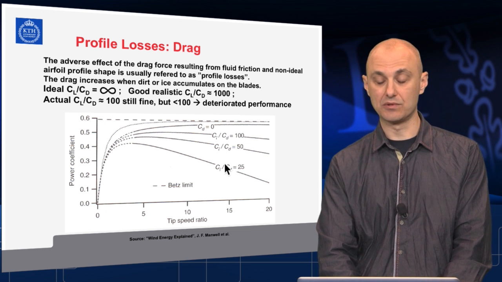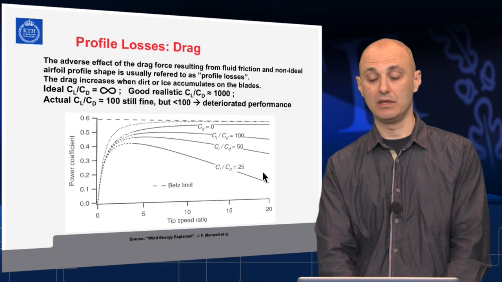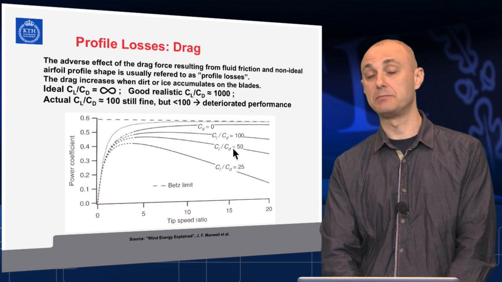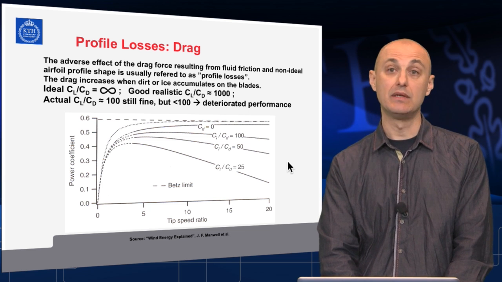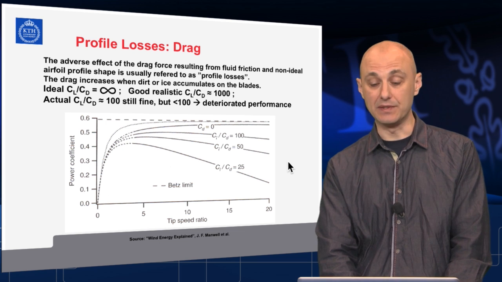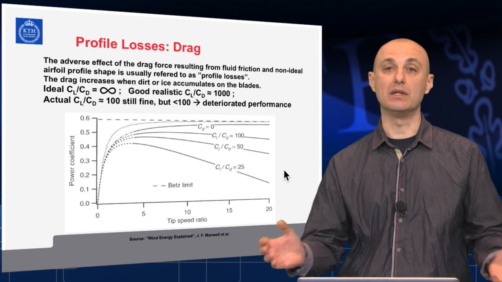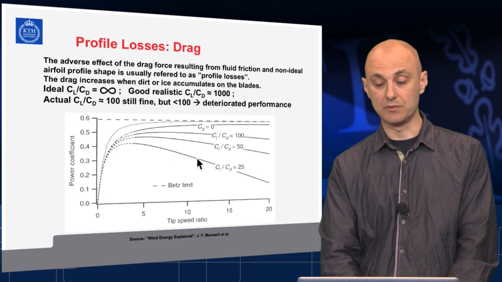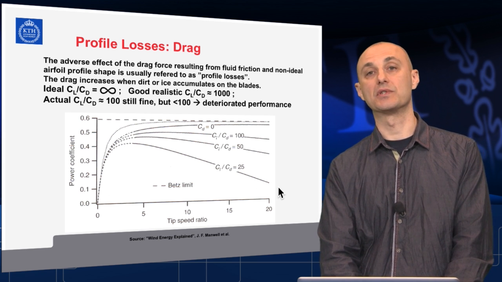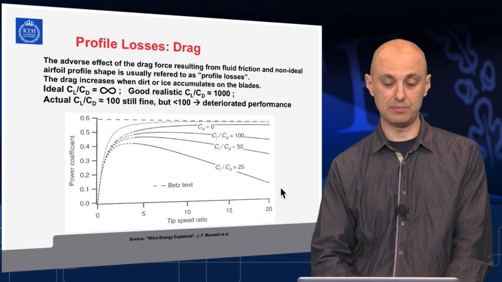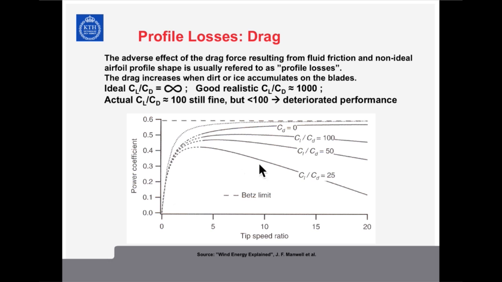If the optimum tip-speed ratio for a rotor is very high, meaning very high speeds along the blades, the drag force would be enormous, and it would start losing the useful force more and more towards the higher speeds. So there would be some kind of an optimum, depending on how big the drag force is, somewhere here. And that's exactly where the actual real turbines operate, between tip-speed ratios of 5 to 10.